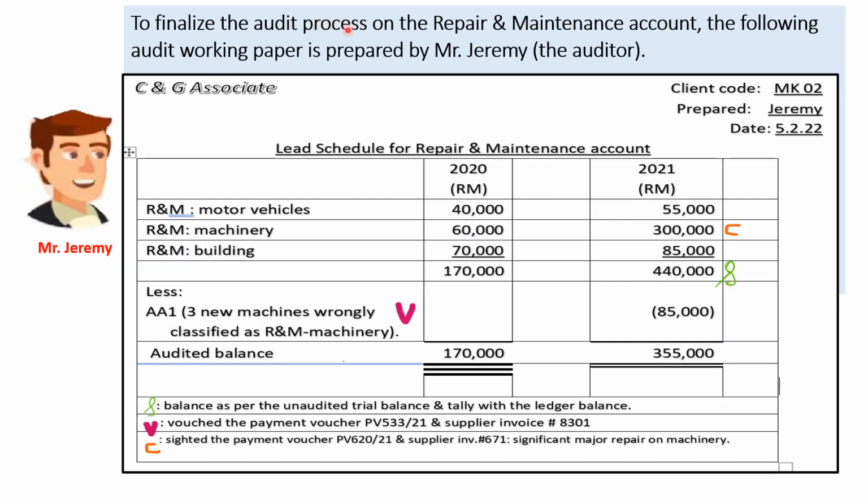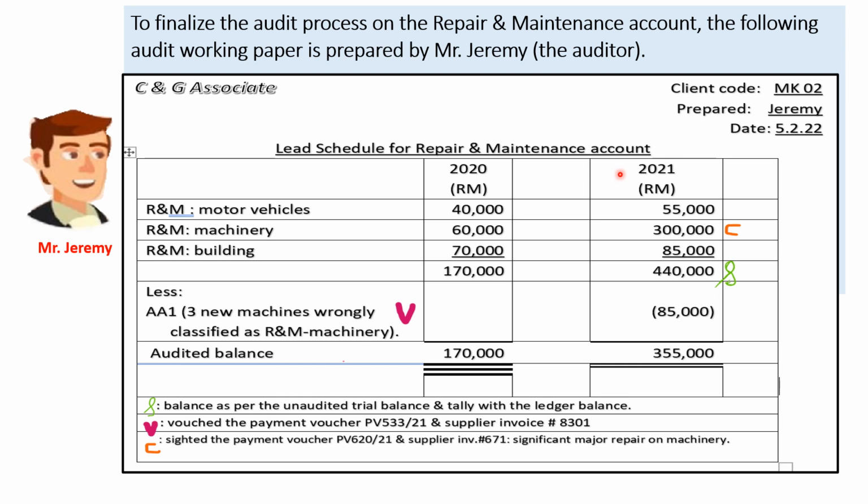To finalize the audit process on the repair and maintenance, the following audit working paper is prepared by Mr. Jeremy. This is the lead schedule for the repair and maintenance. You can see here again it is written the client code, prepared by, and the date. This is the prior year figure obtained from the previous audited current account, and of course this is the audited balance.